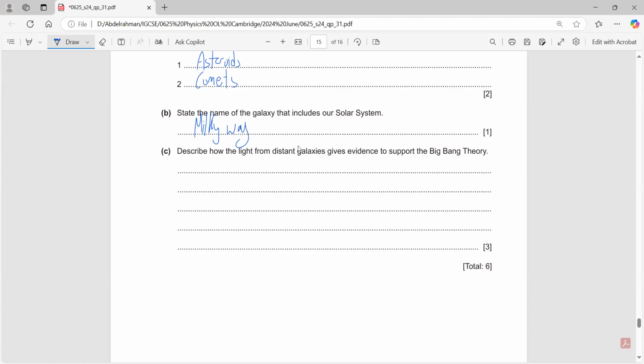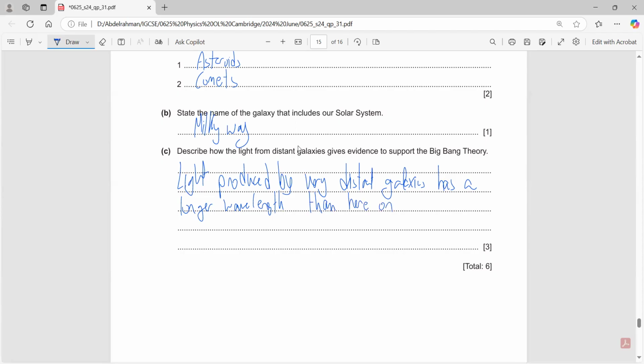So, in other terms, what should I say? Light produced by very distant galaxies has a longer wavelength than here on Earth, meaning that it has been red shifted.